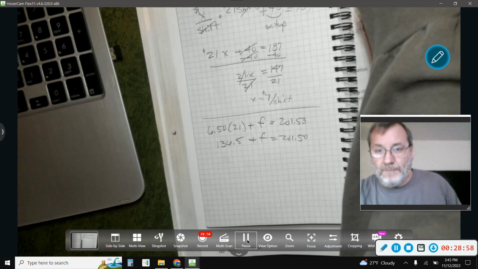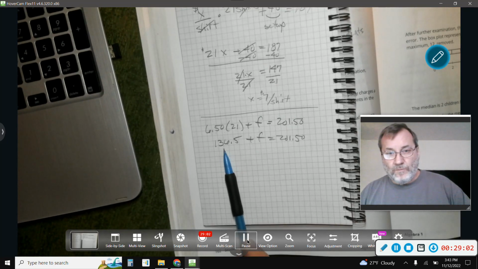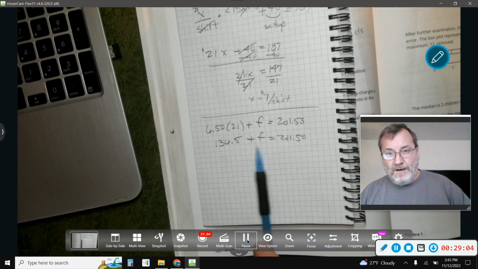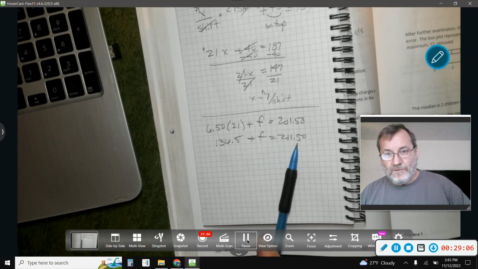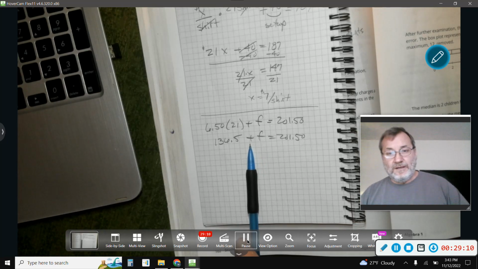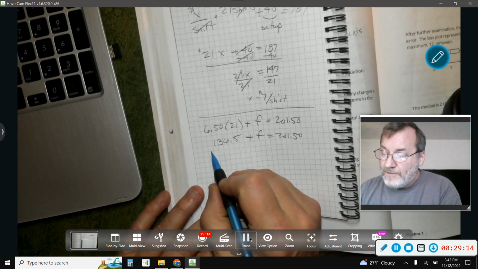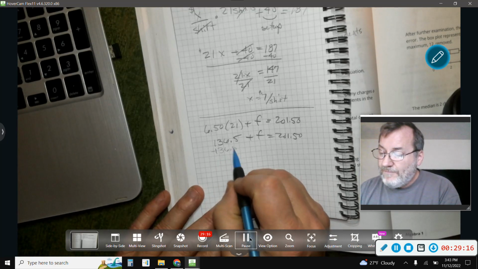We're back. As you can see, we left off at 136.5 plus F equals 201.5. I've got to solve for F, and there's addition here, so I have to undo it with subtraction. I'm going to subtract 136.5 from each side.